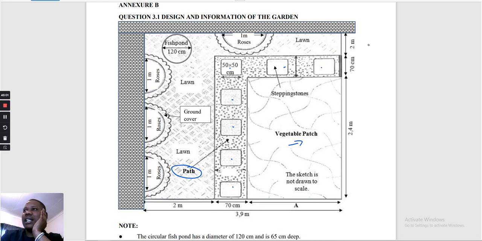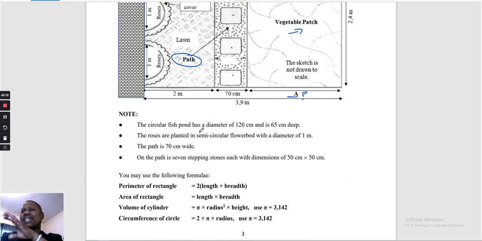We're given the numbers, the distances here. We have A, the missing distance, question mark. We have another distance here. We have the roses, shown with a diameter of 1 meter. Then they say note, repeating the same thing. And you're also given the formulas.